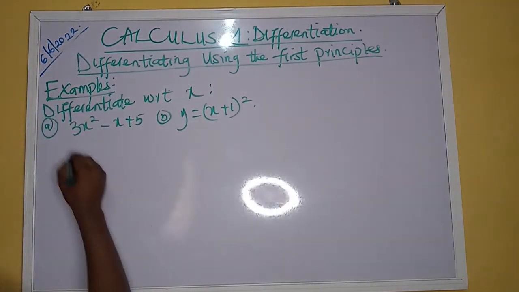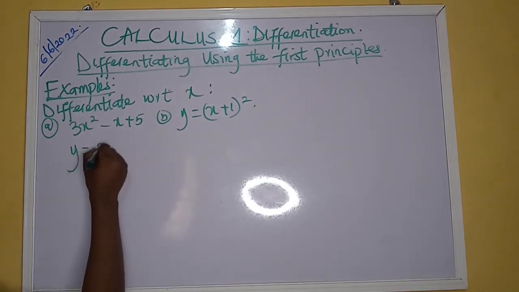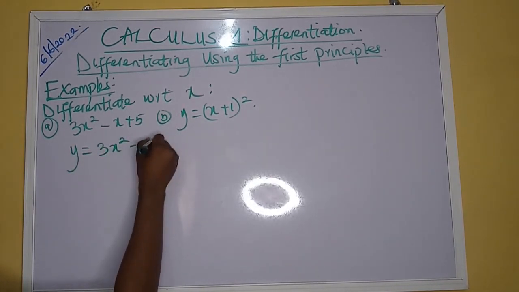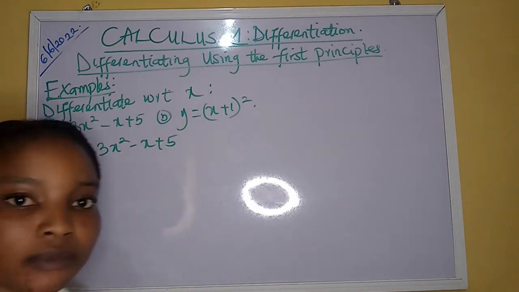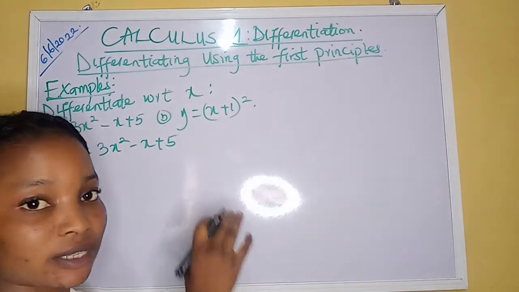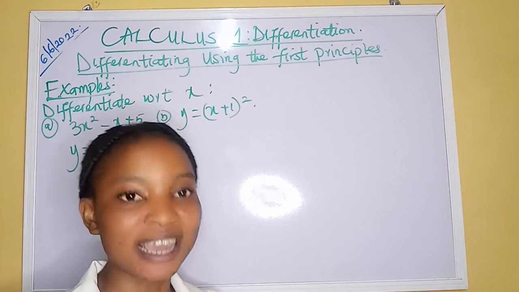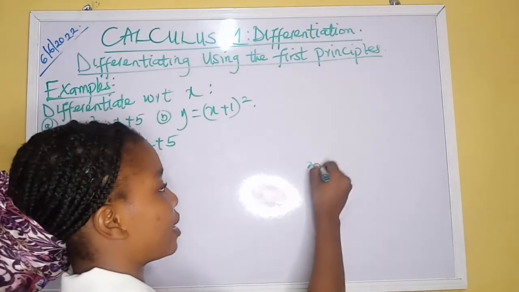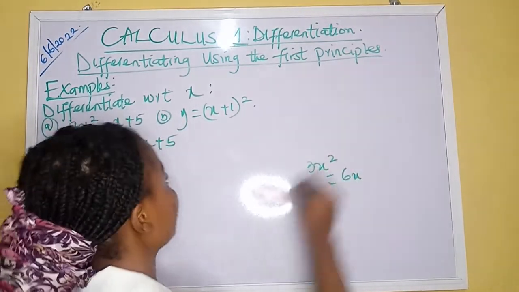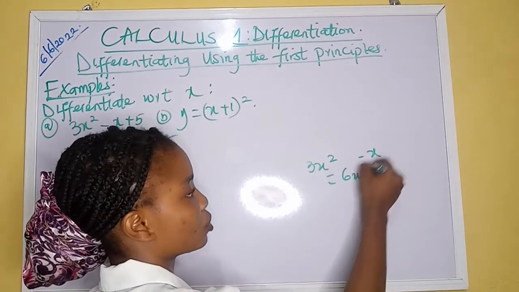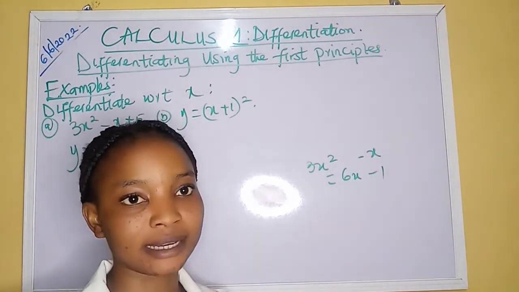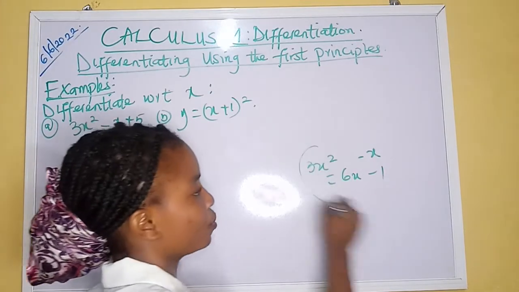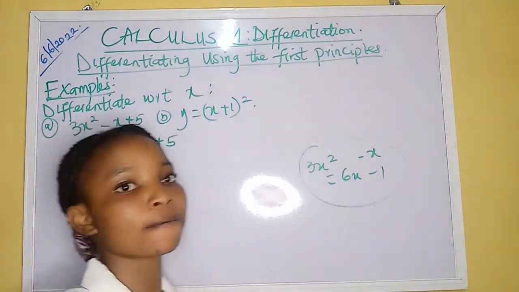And that's why, since our y is equal to 3x squared minus x plus 5, normally, when you're asked to do this in your simplest differentiation, the next thing you do is your 3x squared becomes 6x, and your x becomes 1. Exactly.